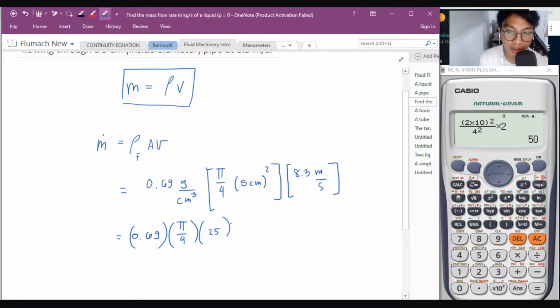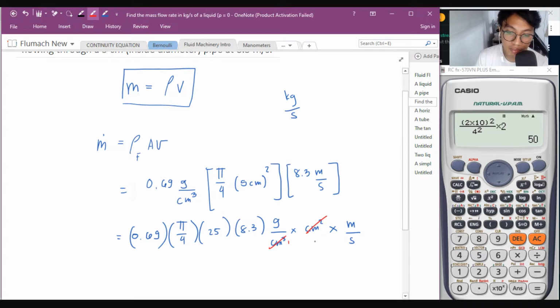Mamaya na yung unit. Okay? Tapos 8.3. Pagsama-samahin mo sila. Ngayon, anong natira? Gram per cm cube. Pag mahina ka mag-convert, ganito gawin mo. Cm cube times cm squared times meter per second. Anong gusto nating unit? Kilogram per second. Ngayon, may mga cancel dito. Cancel natin. May matirang isa.